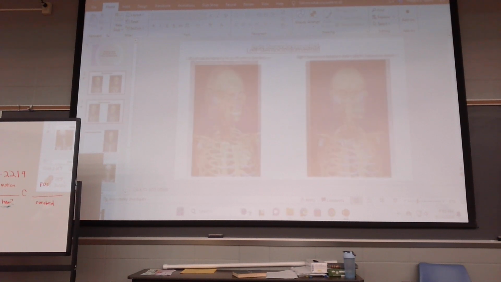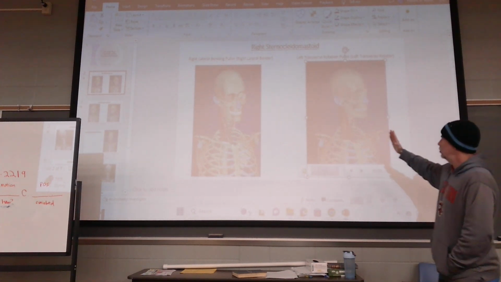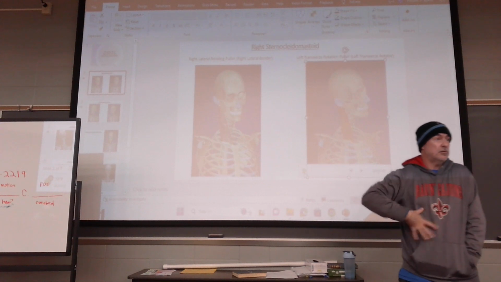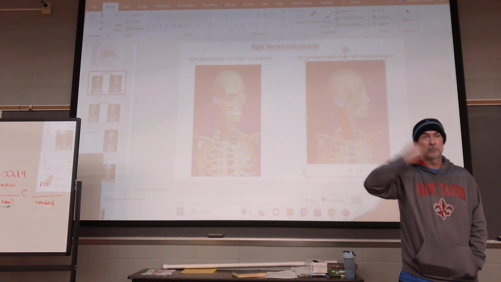The harder one is the rotation. This is the one we kind of got tripped up with. So let's look at that. Notice how this muscle has what we call obliquity. That's what obliques is named for. It has an angle to it.